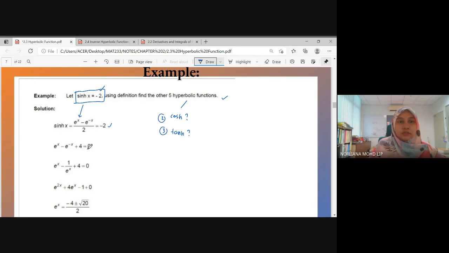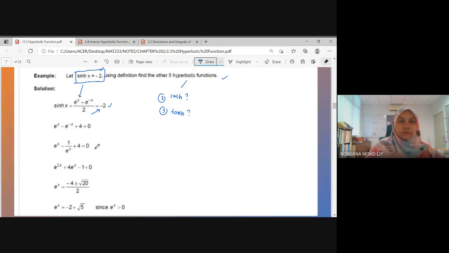Okay, so the denominator, so equal to negative 4. So we make this equation equal to 0. Okay, the third equation, third row. Can you see? For this, exponent negative x, we make it positive, so 1 over exponent x.